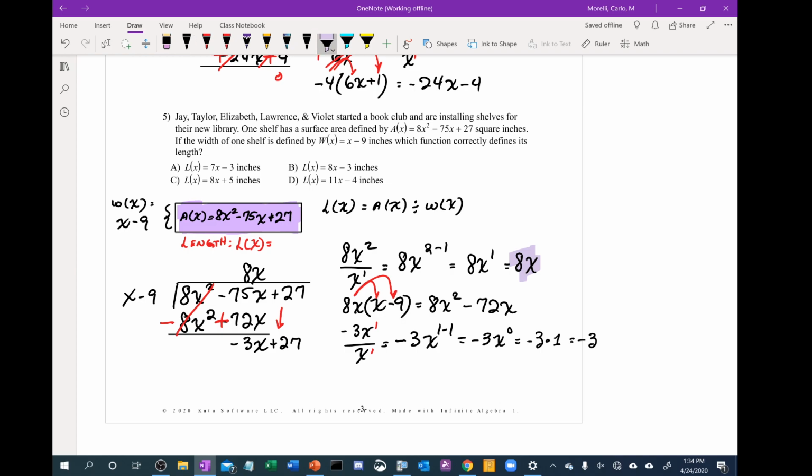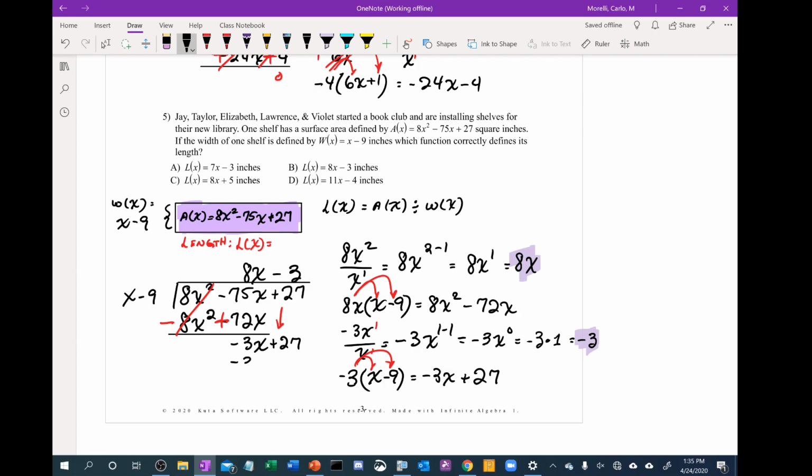Negative 3 is a quotient term, so we'll write it above its matching position in the dividend right here, and we will multiply it with its sign times the entire divisor. So in the side work, negative 3, open parentheses, x minus 9, close parentheses, apply the distributive property, and that equals negative 3x plus negative 3 times negative 9 is positive 27.